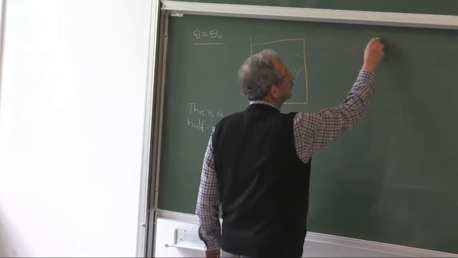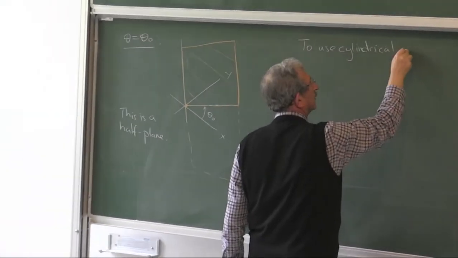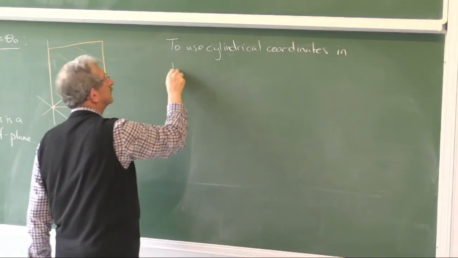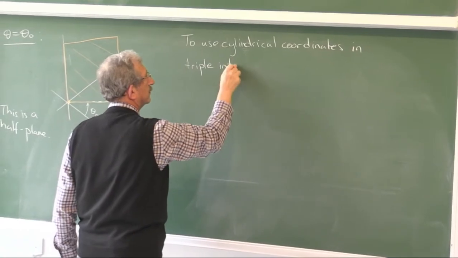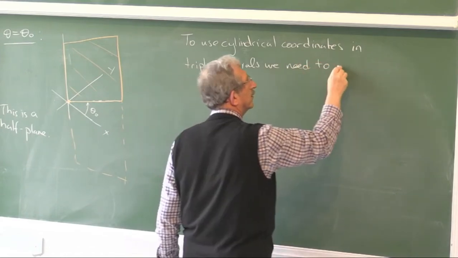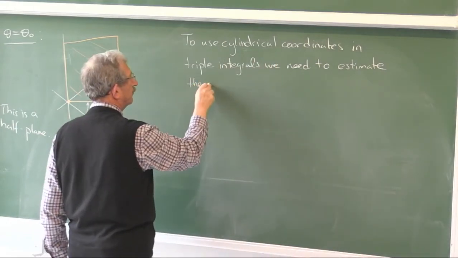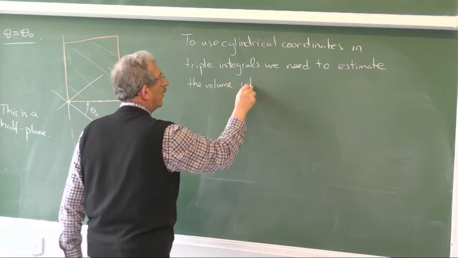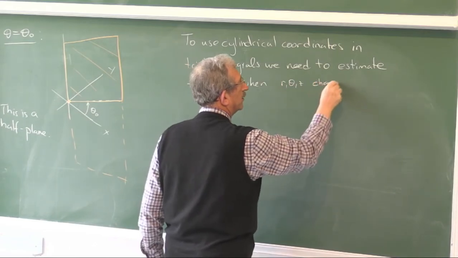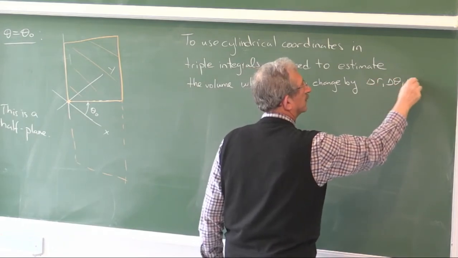So, to use cylindrical coordinates in triple integrals, we need to estimate the volume when r, theta, z change by delta r, delta theta, and delta z.